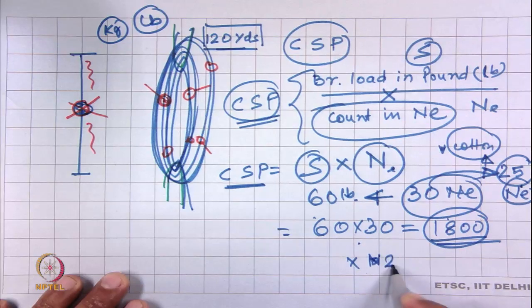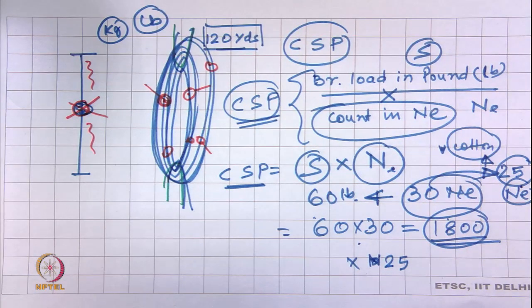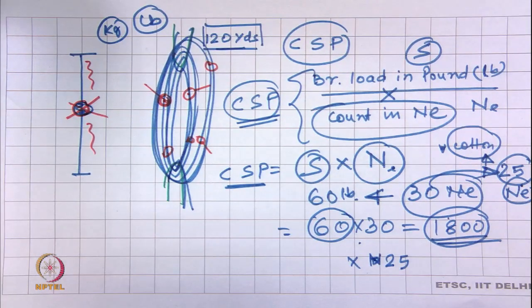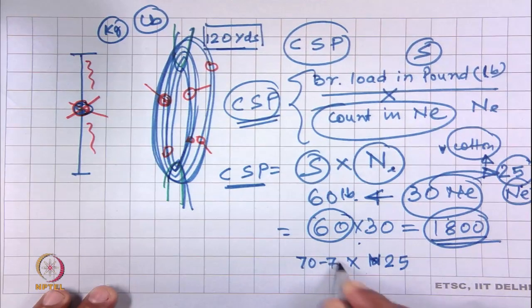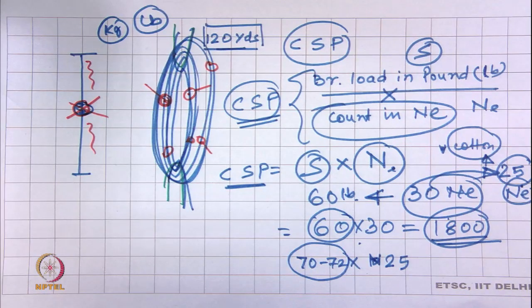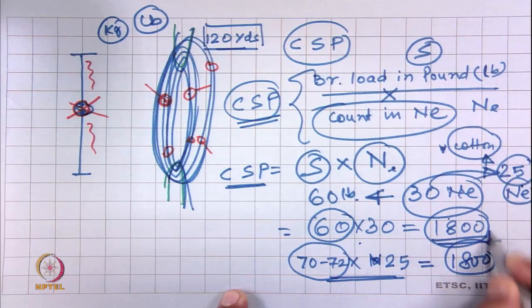Ne is 25. Now, what is the expected breaking load value? The expected breaking load will typically be around 70 to 72, so that the product comes out very close to 1800.